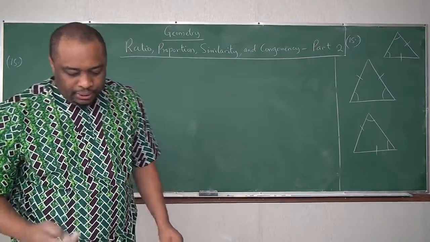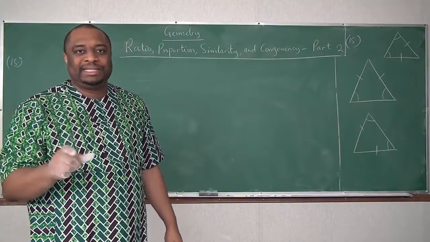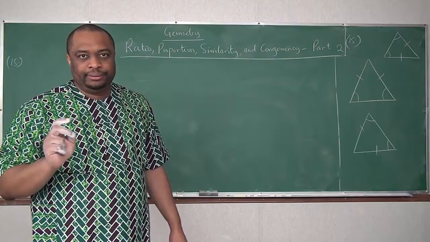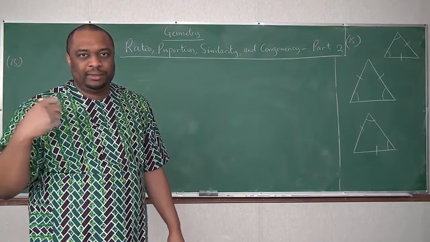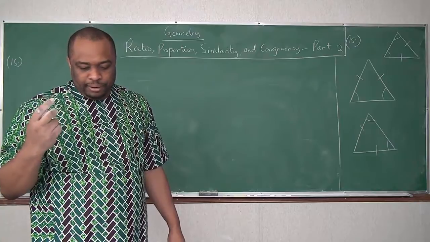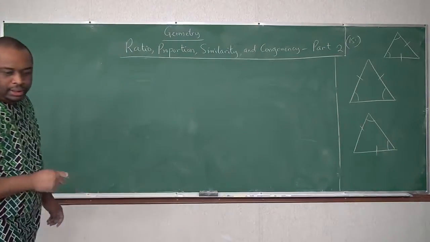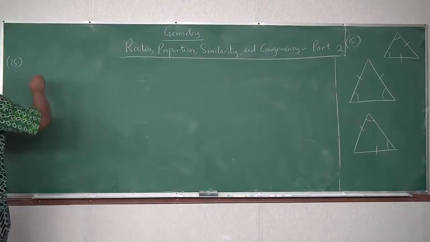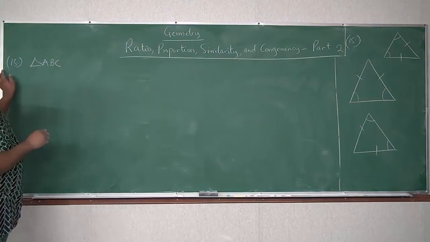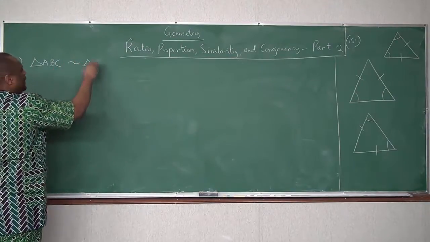So, you have this one, April 2016, form 73E. So this was just last year's question. You have that triangle ABC is similar to triangle DEF.